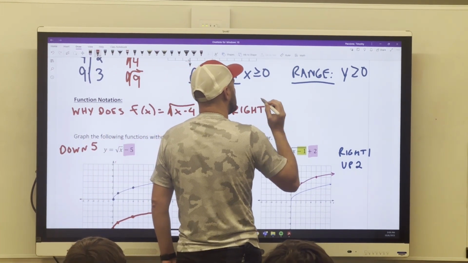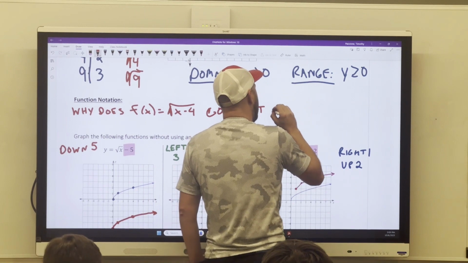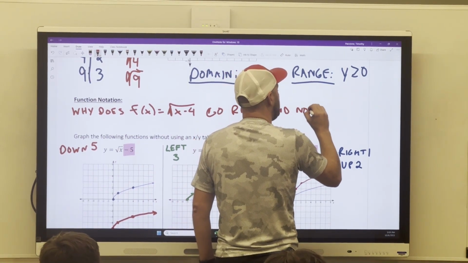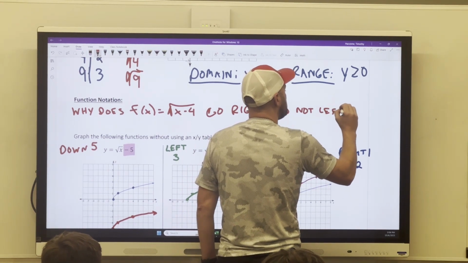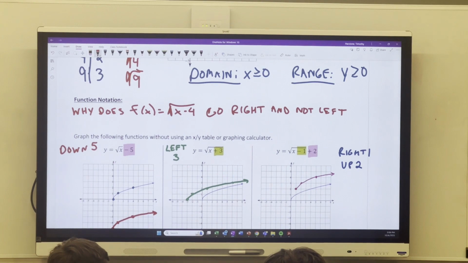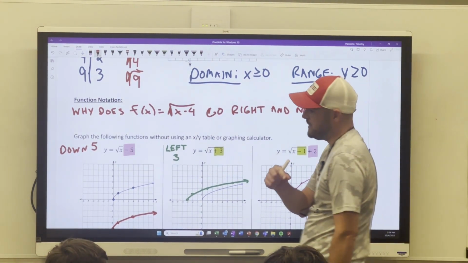You don't have to write this question down unless you want to, and not left like we think it should. If you're subtracting, why shouldn't it go left? Right? Anybody else wondering this? Yes. I got some yeses.